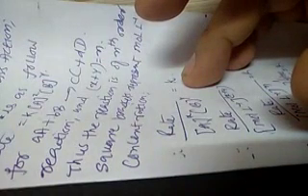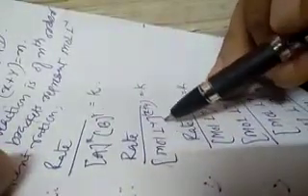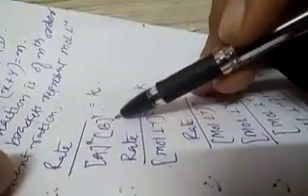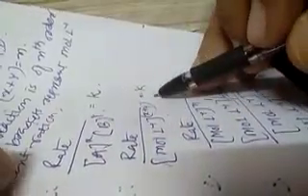So from this equation we can write that K is equal to rate divided by A to the power x into B to the power y. But this is rate divided by mole per liter to the power x plus y, because the square bracket represents the mole per liter concentration.